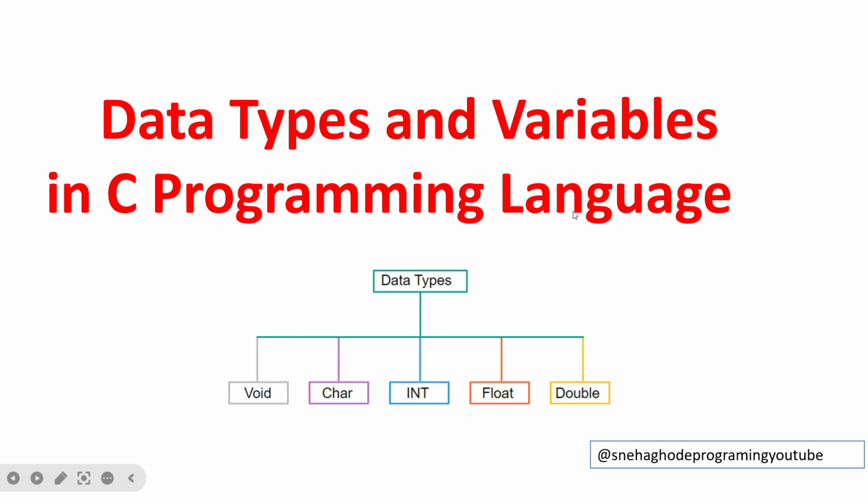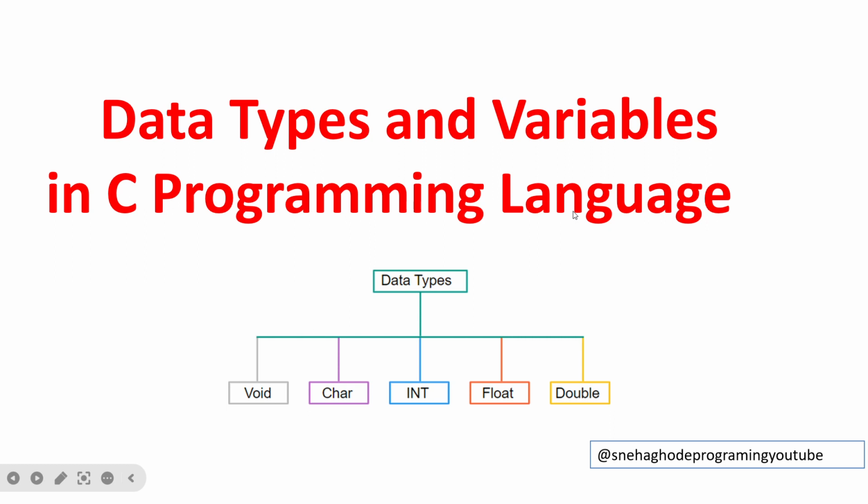Data types. What is the meaning of data and what is the meaning of type? The word data type itself describes it: data type means which type of data it is. Whatever data we are storing in our memory location, which type of data are we going to store?